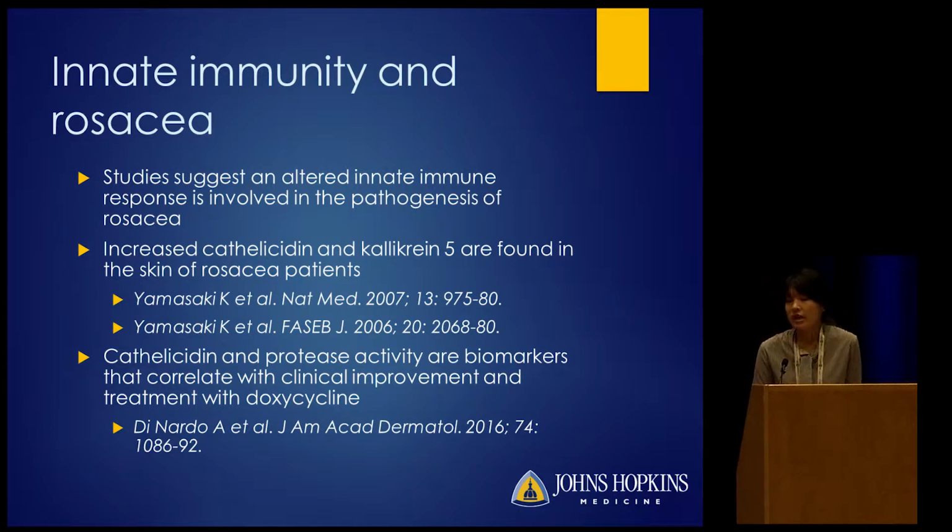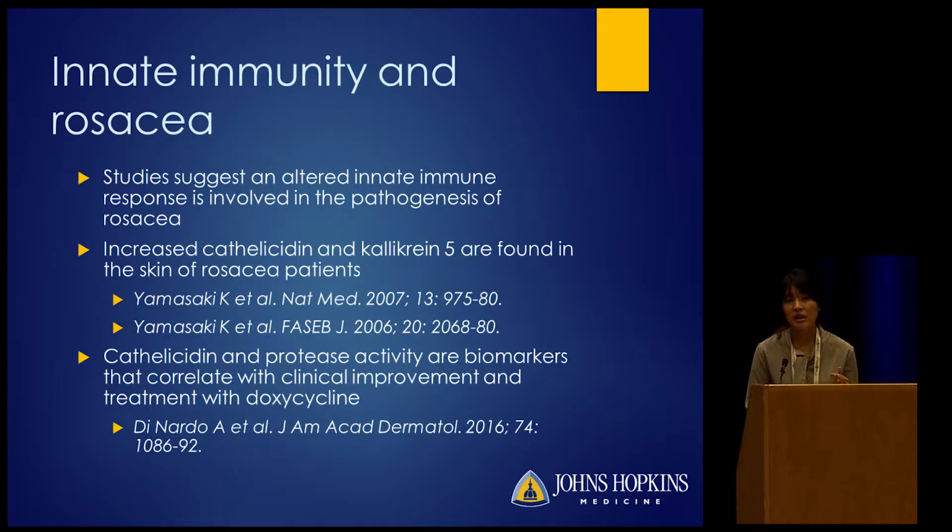So prior studies have shown a role for components of the innate immune response that are involved in the pathogenesis of rosacea. So namely cathelicidin and then the serine protease, primarily kallikrein-5, that processes this propeptide into the active peptide fragments that are found to be all increased in lesional skin of rosacea patients.